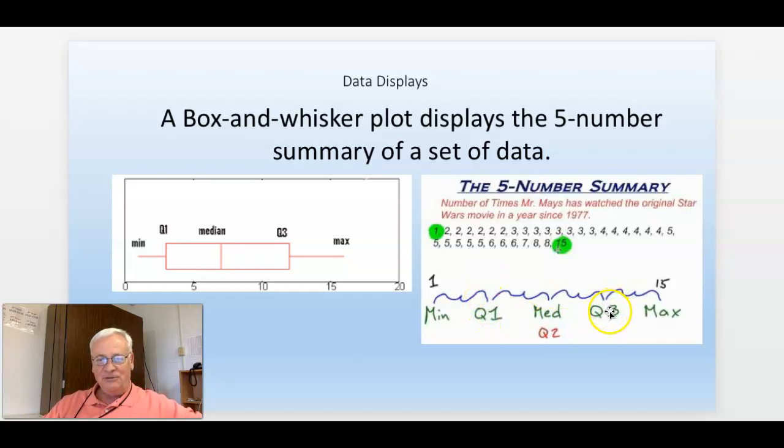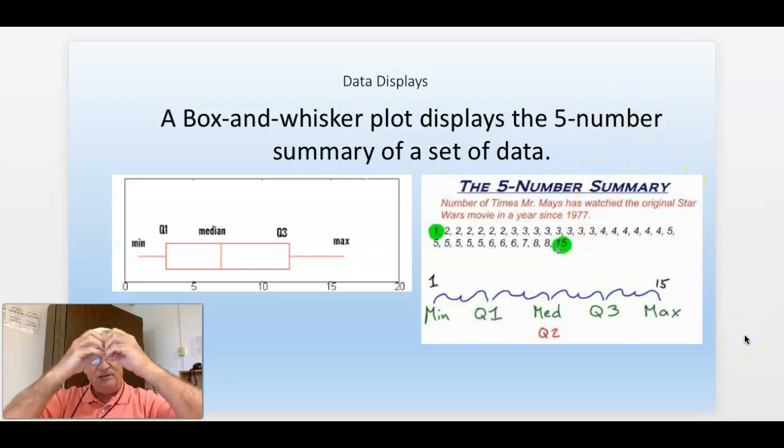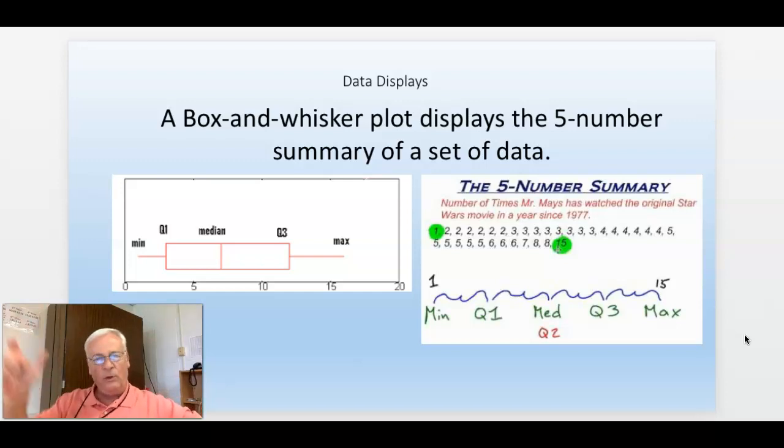And then it gives you the third quartile, Q3, which is the data value in the middle of the top half. All right, so what the 5-number summary does, it takes a set of data that's listed in order and divides it into 4 equal quartiles. And by equal, I mean the same number of data values are in each quartile.